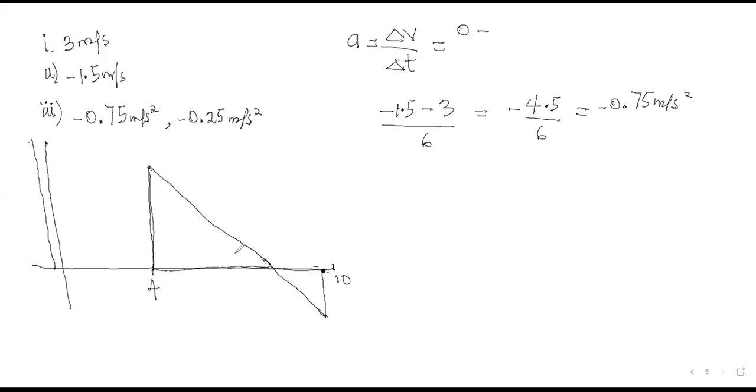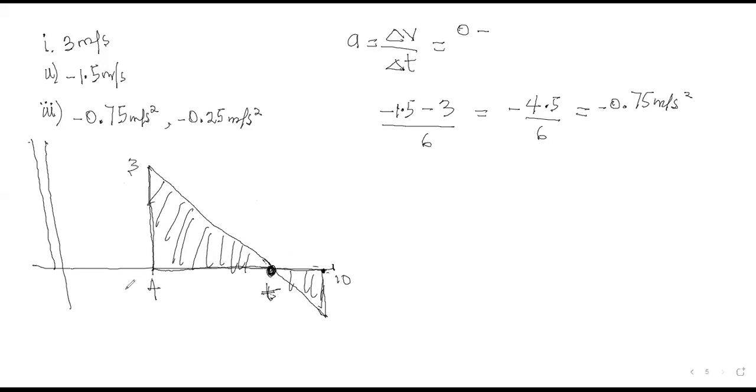Another way of solving the same thing is that I don't know this time. This time here, I don't know. Let that be T. So I want to this time use this graph and this graph for the same acceleration. And they must be the same. So if I use the bigger graph, this is 3.